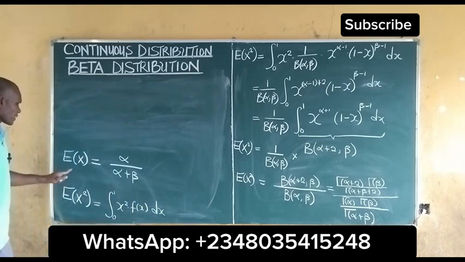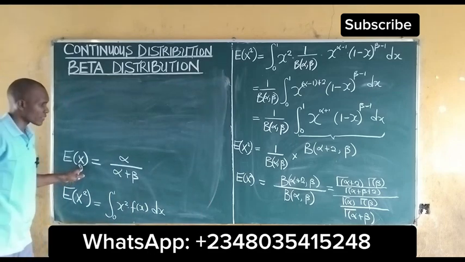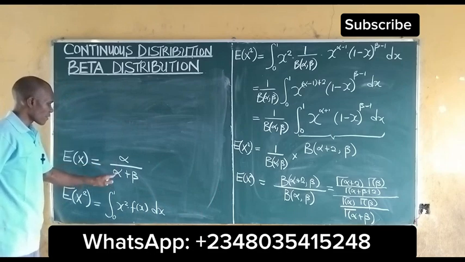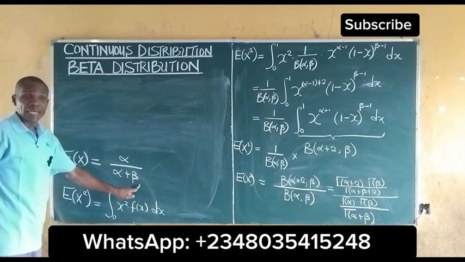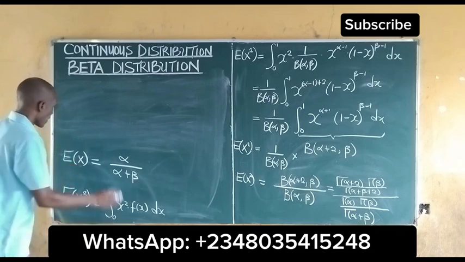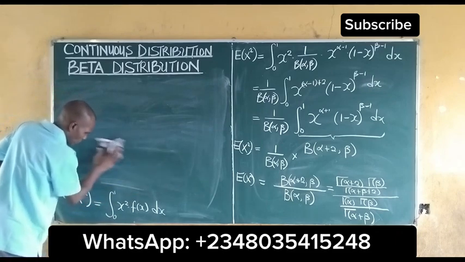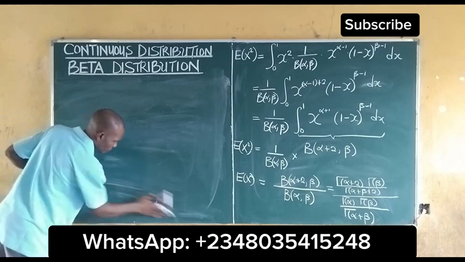We should not forget that our expected value of x is equal to alpha all over alpha plus beta. We should have that at the back of our minds because we will come to need it.